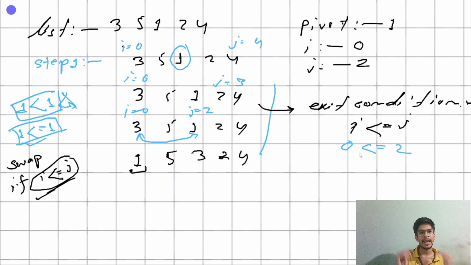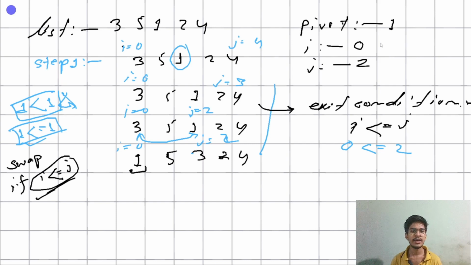So it will continue to work. Here I equals 0 and j equals 2. The pivot is still 1. If 1 is less than 1, it will say no, 1 is not less than 1.